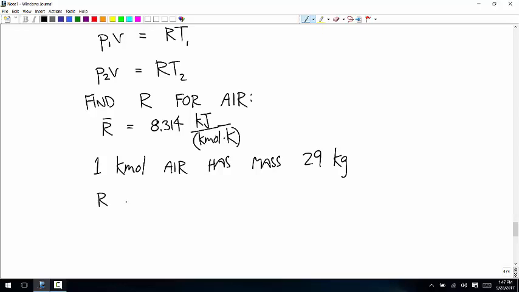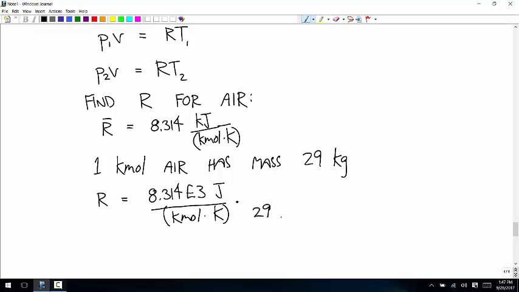So R is equal to 8.314 times 10 to the third, now that's in joules over a kilomole times Kelvin, and we'll divide that by 29 kilograms per kilomole.